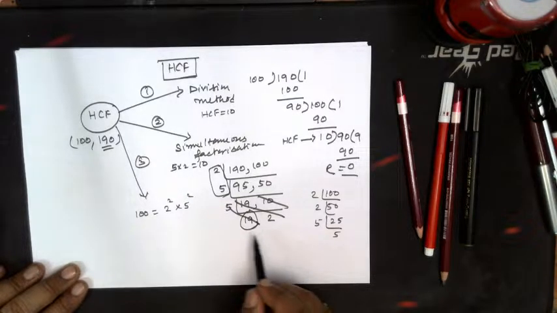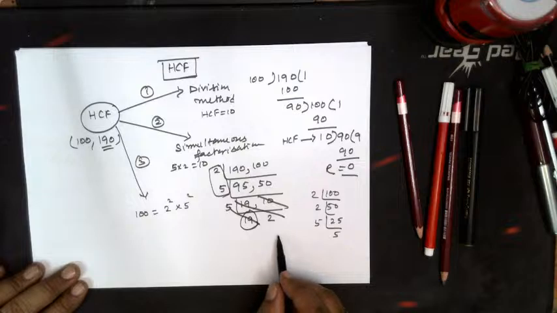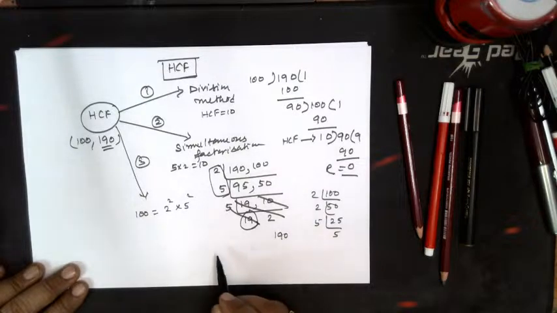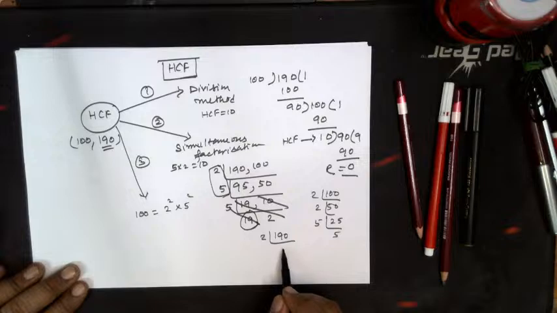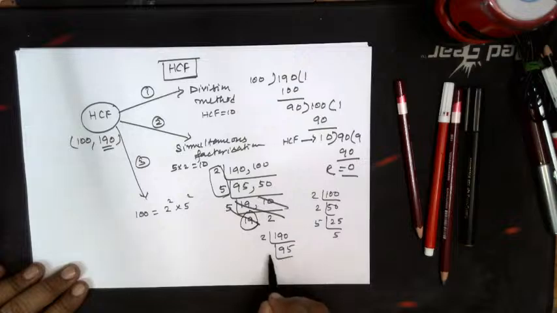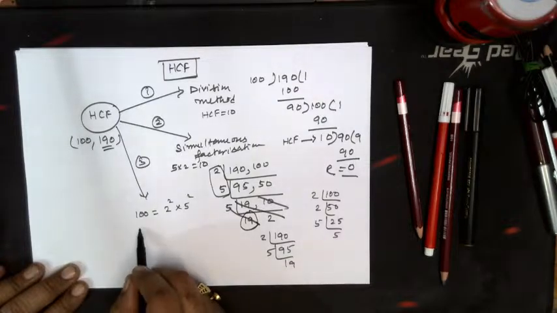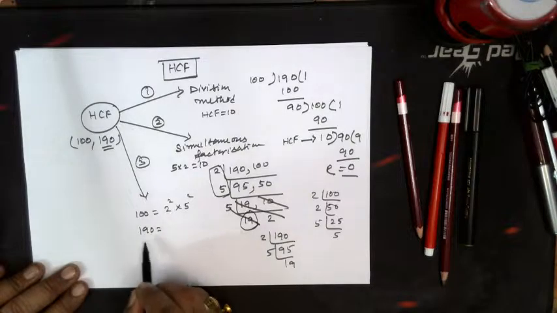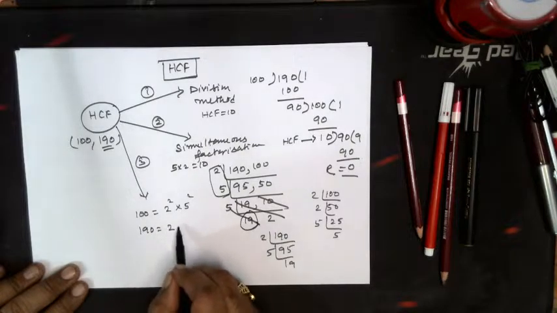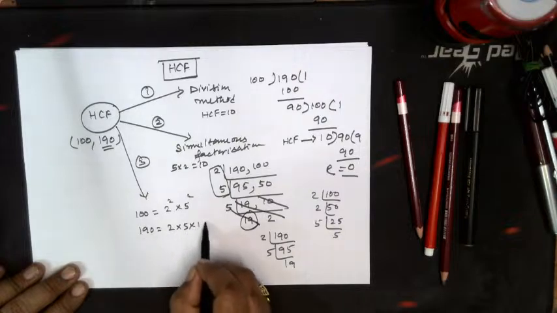And consider the other number, 190. Divide this by 2. How much? 95. 9 2s are 18. Then 5, and again 5, 19. Then 19. So 190 is a composite number, 2 into 5 into 19.